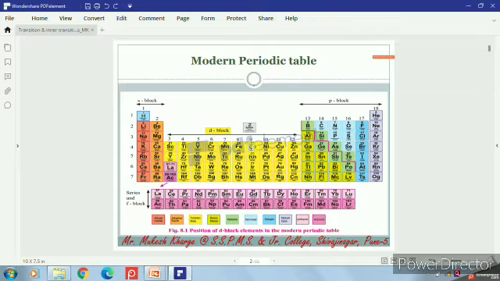Cobalt, argon 4s2 3d7. Nickel, argon 4s2 3d8. Then lastly we see zinc, argon 4s2 3d10.